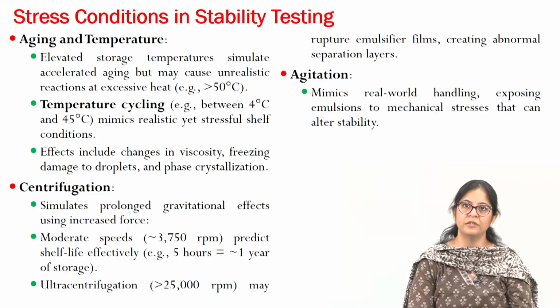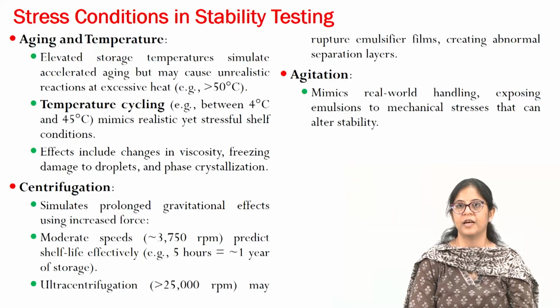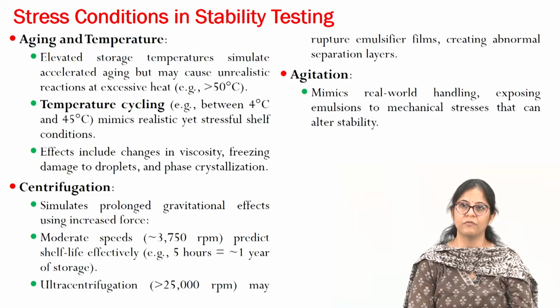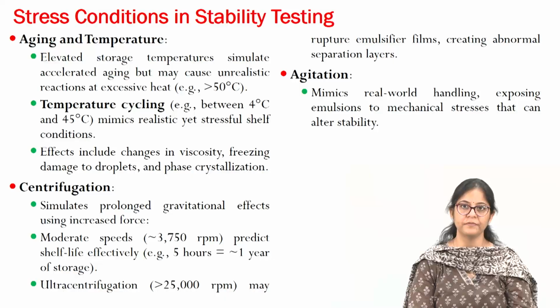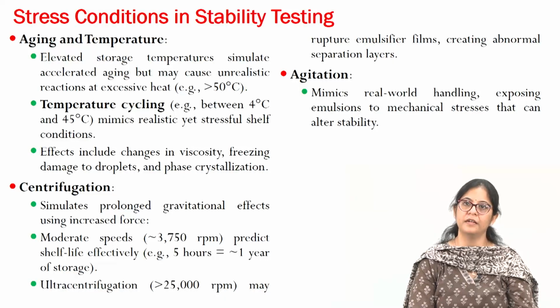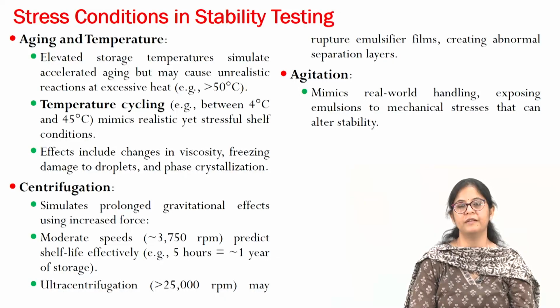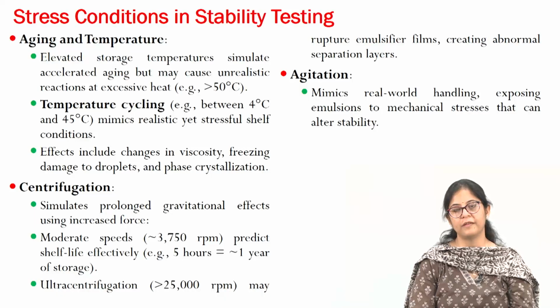Aging and temperature: elevated storage temperatures simulate accelerated aging but may cause unrealistic reactions at higher temperatures, generally at more than 50 degrees centigrade. Temperature cycling between 4 degrees and 45 degrees centigrade mimics realistic yet stressful shelf conditions. The effects include changes in viscosity, freezing, damage to droplets and phase crystallization.